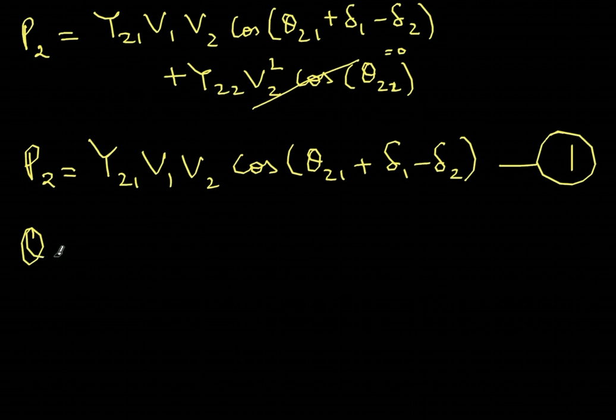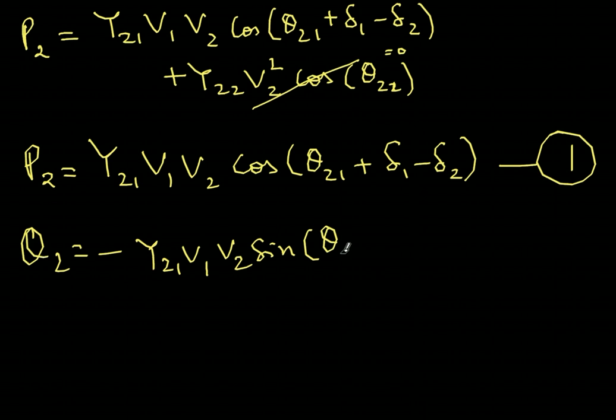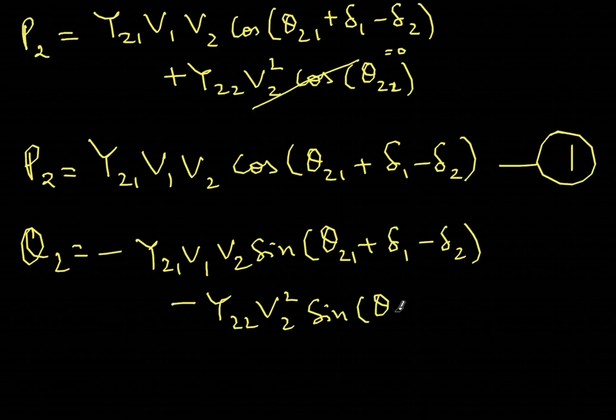Similarly, what is Q2? Q2 will be minus y21 V1 V2, this is not cos, it will be sine of theta 21 plus delta 1 minus delta 2, minus y22 V2 squared sine of theta 22. Now, theta 22 is, as you see, minus 90 degrees.